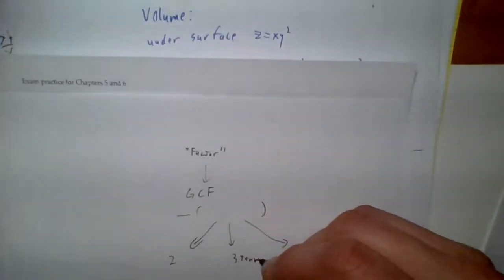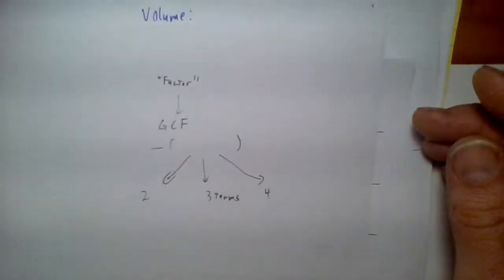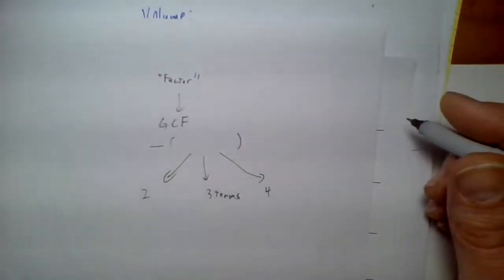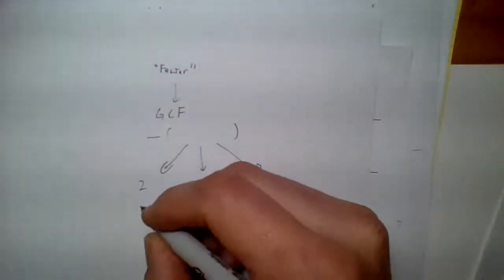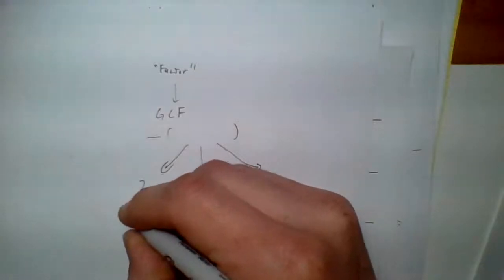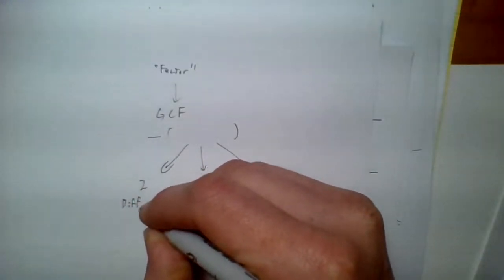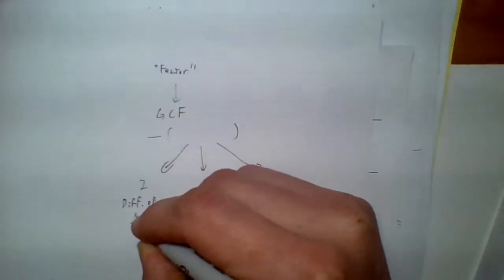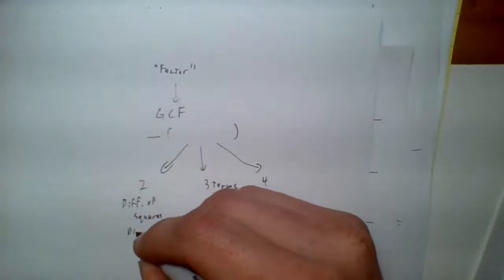Most of your factoring problems, the typical factoring process, is this 3-term factoring process. Factoring trinomials, is the word for it. And that's your normal factoring thing. If there's only 2 terms, the only kind of factoring you're going to have is maybe a difference of squares, or maybe a sum of cubes or difference of cubes.